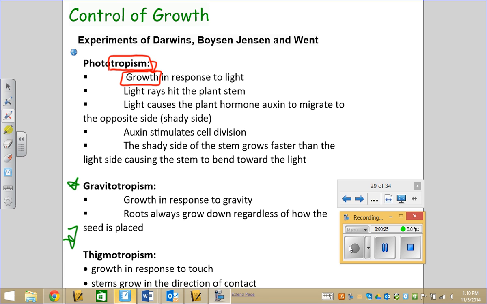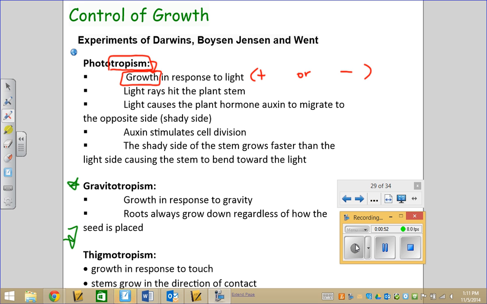So when you see that piece as part of a word in biology, it's talking about growth. In Bio 20, we'll talk about trophic levels, and that's where you are in the food chain, so how you acquire your energy to grow. So phototropism is growth in response to light. Now, it could be positive or it could be negative.